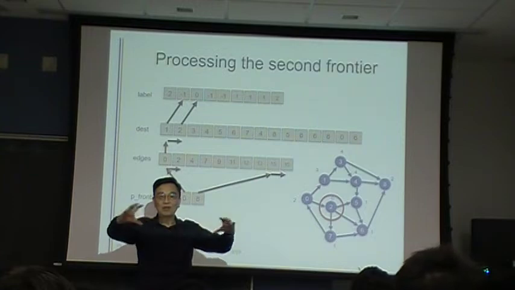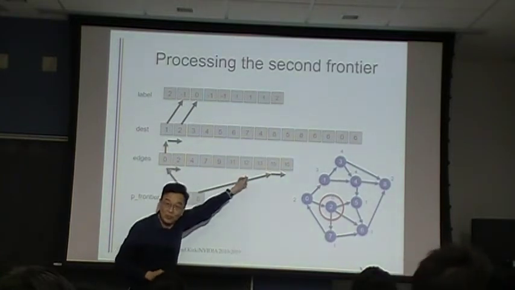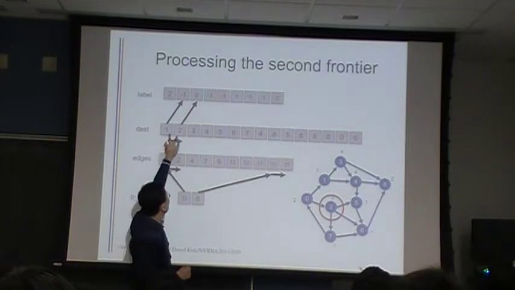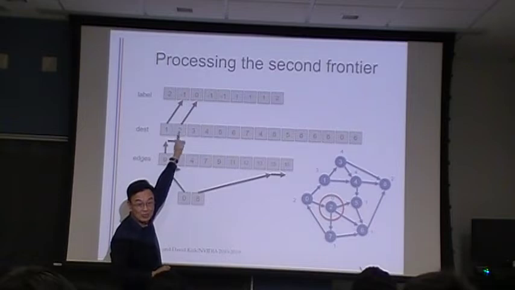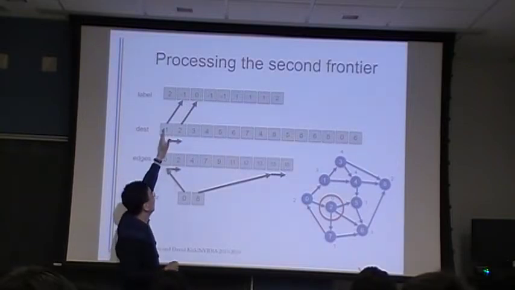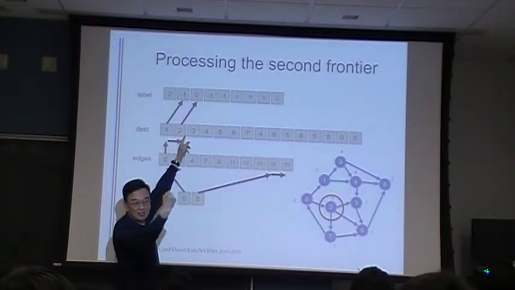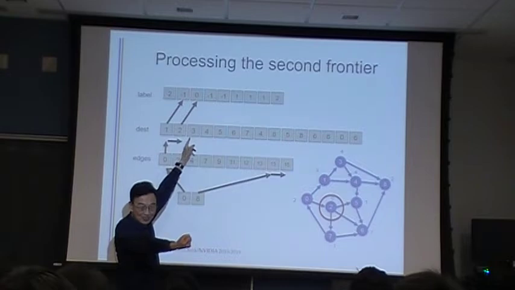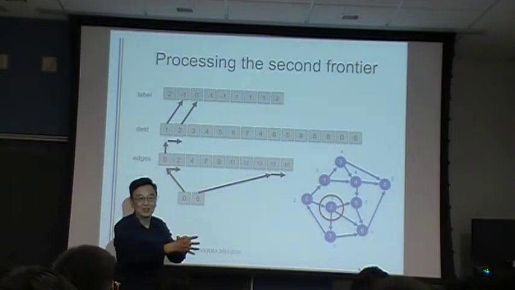So this is how I'm going to go from one iteration to the next iteration. I take the current frontier, I follow through this row pointer array, access all the destinations, and check whether they have been accessed or visited before, and then I'll mark the unvisited ones with the current hops, and then I also put that into the next frontier, right?